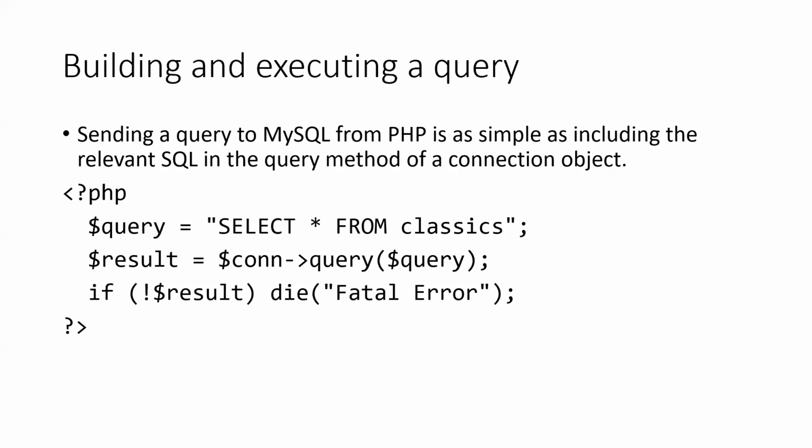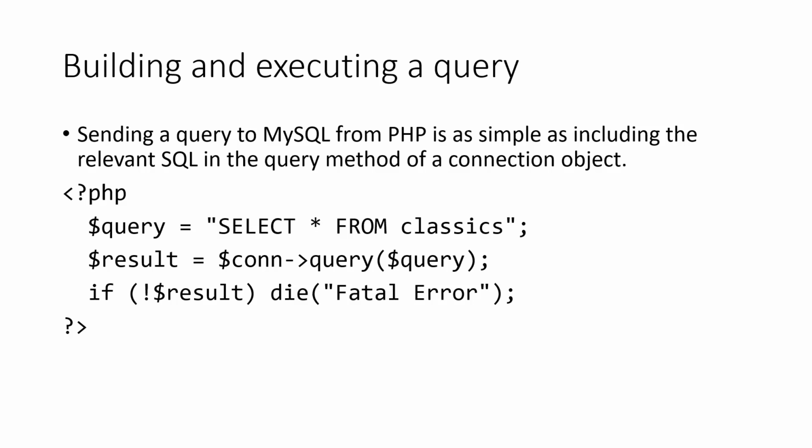I told you the next step is, once you actually make the connection, then executing a particular query. So in this particular example, you will see we have a query string. We are going to select everything from the table classics. So that is a query.